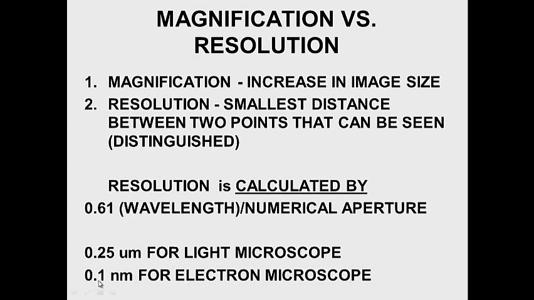And the reason the resolution is so much smaller with the electron microscope is because of the wavelength. In the electron microscope, we use electrons. Electron wavelength is much smaller than white light. As a consequence, you have a smaller number at the very top, and so the resolution is better at the electron microscopic level.